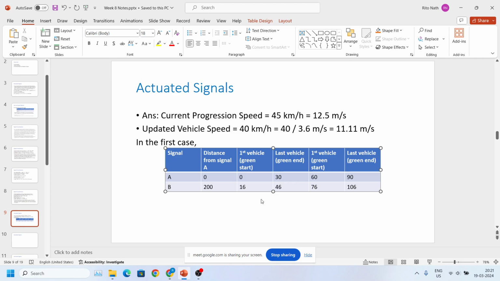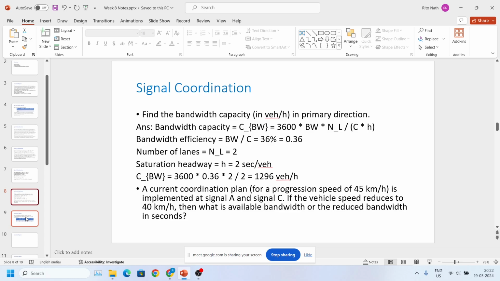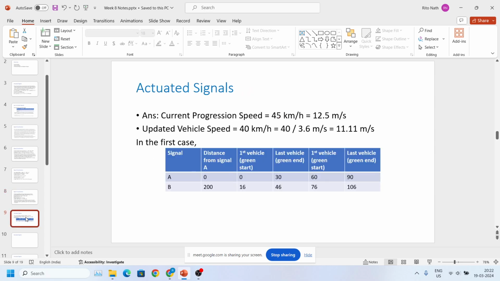That's your ideal offset. Anyway, maybe let's not make it complicated, or I'll probably get back to it in the next class because it feels confusing.